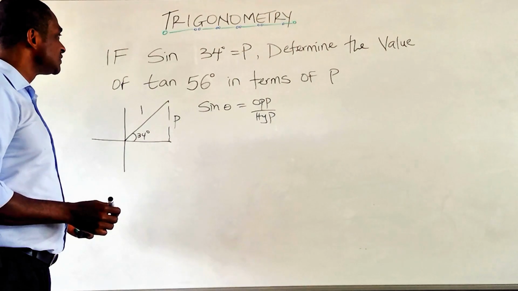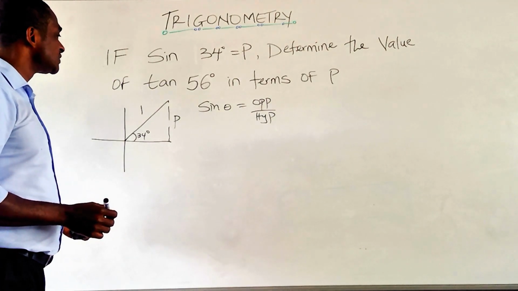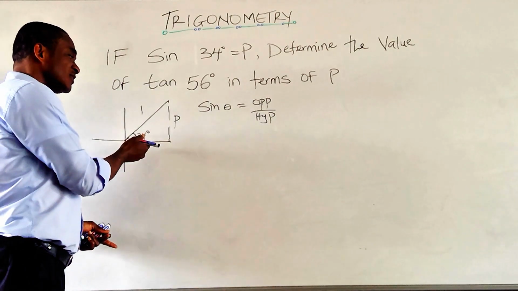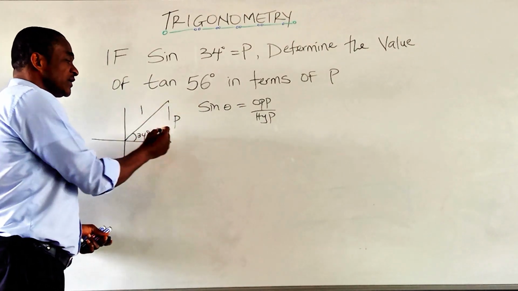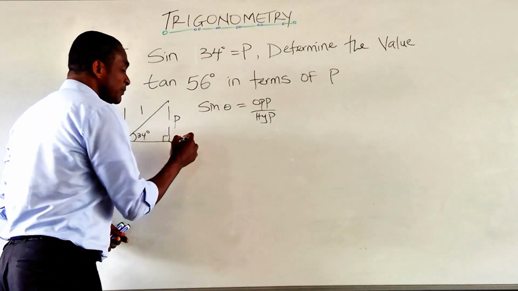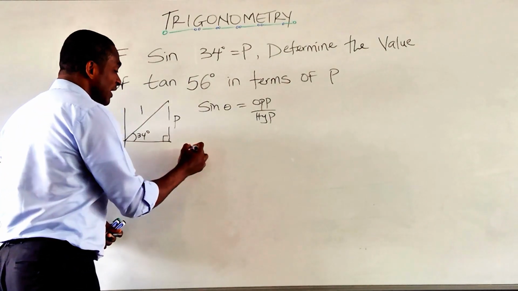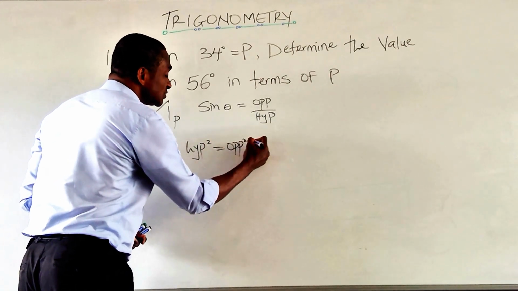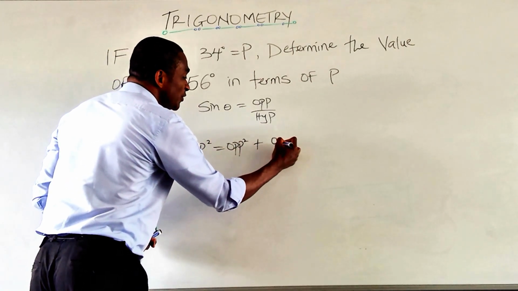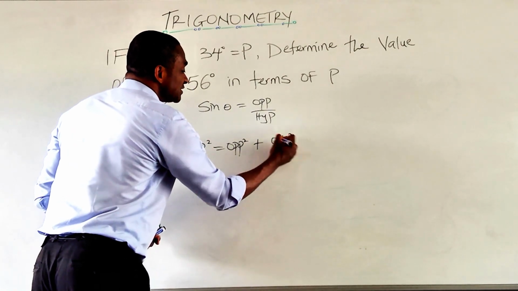What do we do next? We figure out our adjacent. If we have opposite and hypotenuse, we figure out our adjacent by using Pythagoras. Remember, Pythagoras says that the square of the hypotenuse will be equal to the sum of the squares of the opposite and the adjacent.